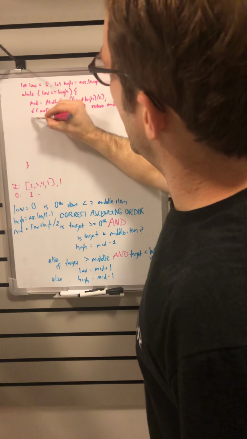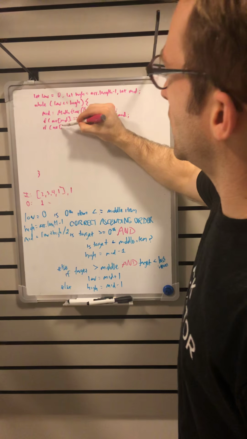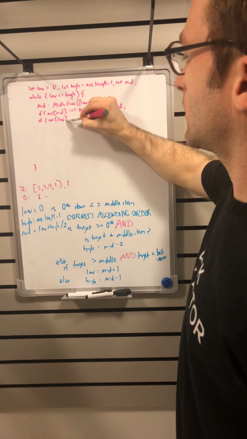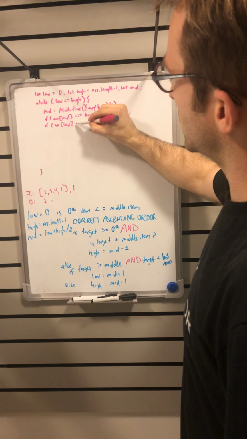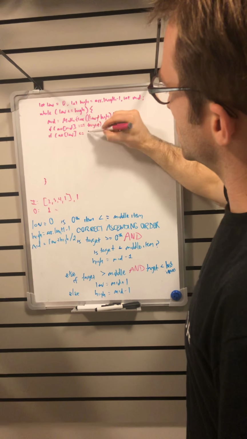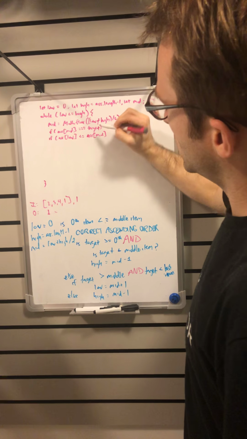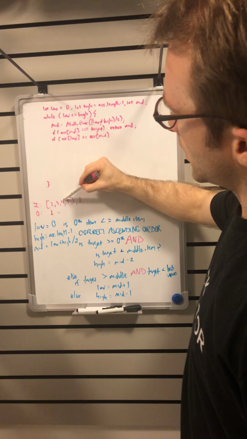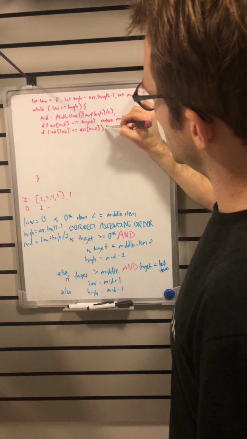Now we ask if the thing at the low, which is the 0th item starting out, 2, is it less than or equal to the middle item? Well, the middle item is 4, and 2 is less than 4. That's correct.